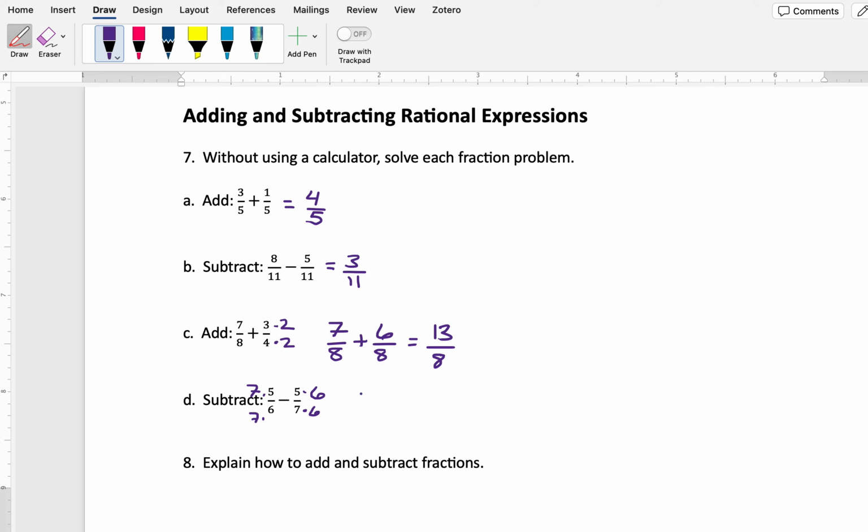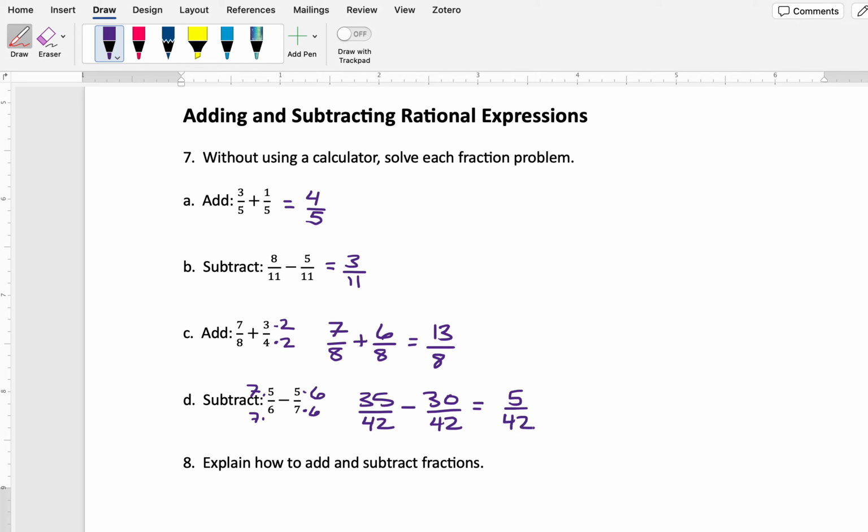So we have 35 over 42 minus 30 over 42, which leaves me with 5 over 42.